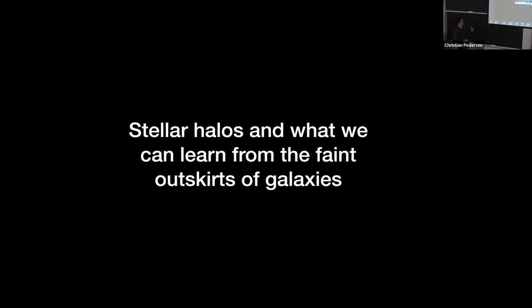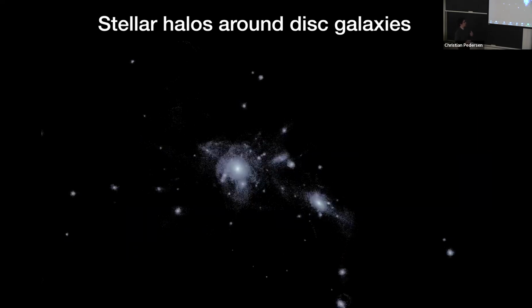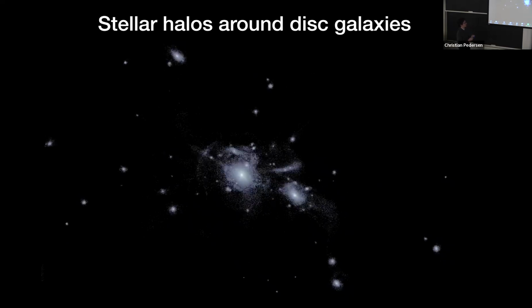Okay, so there's many ways to go at this question, and I'm going to try to convince you that one really interesting one is to look into the stellar halos that surround these galaxies, and what we can learn from the faint outskirts around these objects. And so here I'm showing you the same movies as before, but now looking at the stellar component.